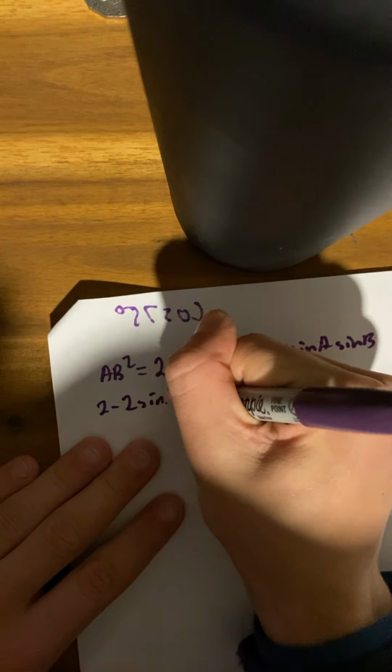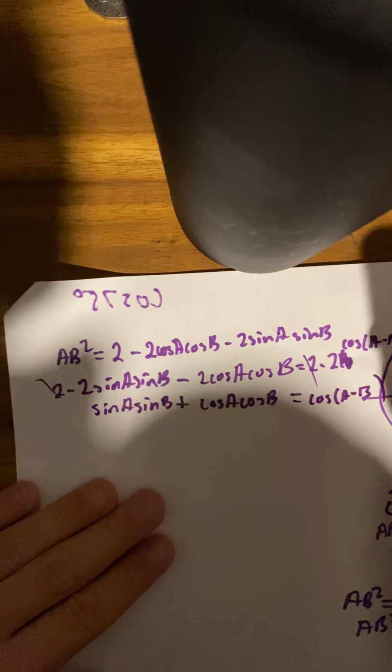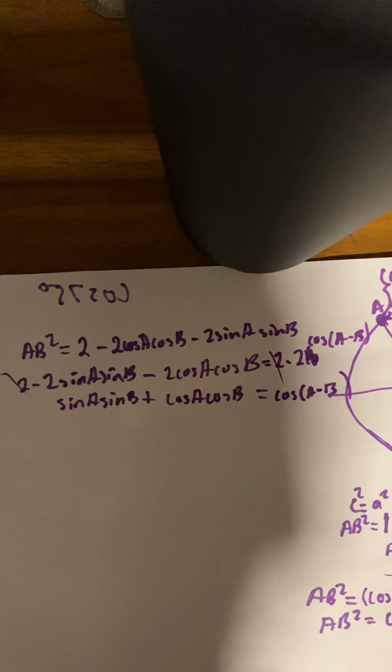There we are. And if we simplify this, the 2's cancel, and we can divide everything by -2, which simply leaves us with sine A sine B plus cos A cos B will equal cos of A minus B. And that's the compound angle formula.